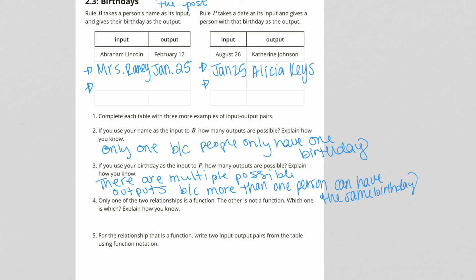Okay? Only one of the 2 relationships is a function. The other is not a function. Which one is which?